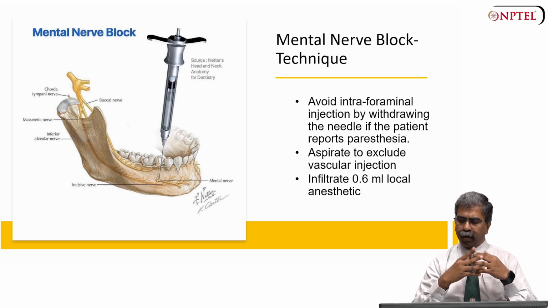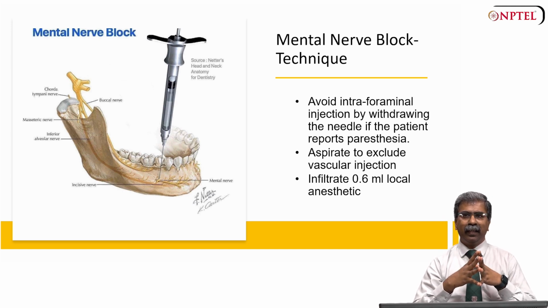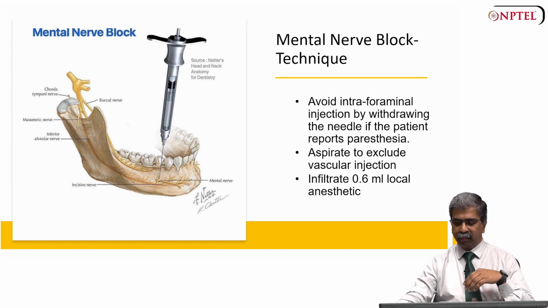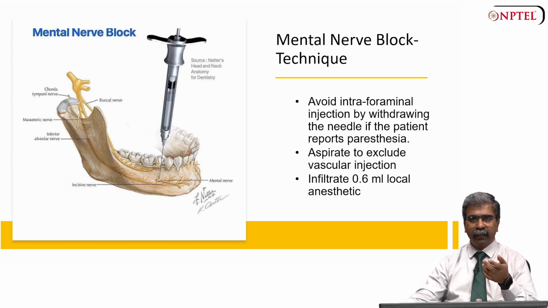Avoid intraforaminal injection by withdrawing the needle if the patient reports paresthesia. And aspirate before the injection, because it will ensure that you are not in a blood vessel, to avoid vascular injection.